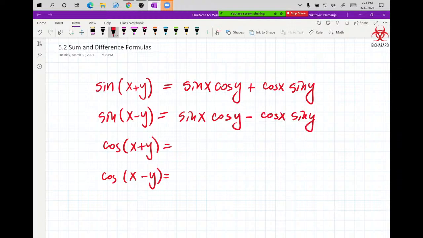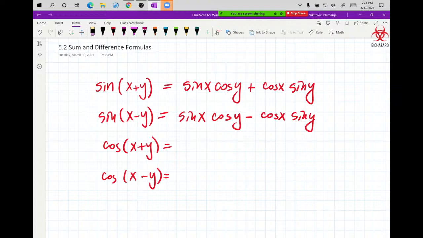So those are the two sine formulas. Very easy to remember because you go sine x cosine y, you keep the same sign, and then cosine of the other one, right? You had a sine of x, now you have a cosine of x. And then sine of y. And then when it's minus, you just have a minus there.